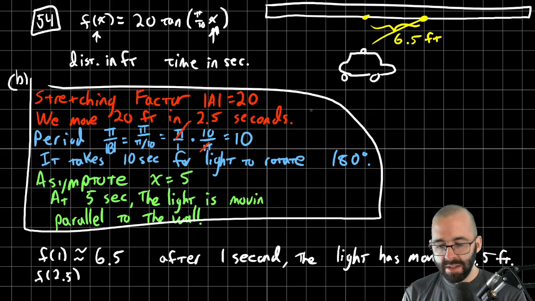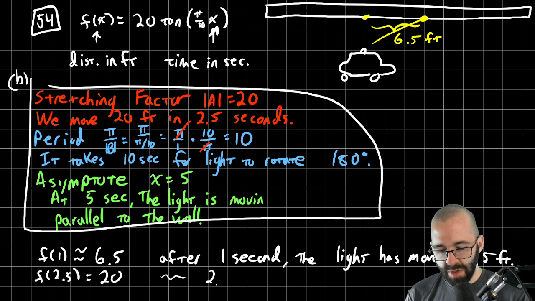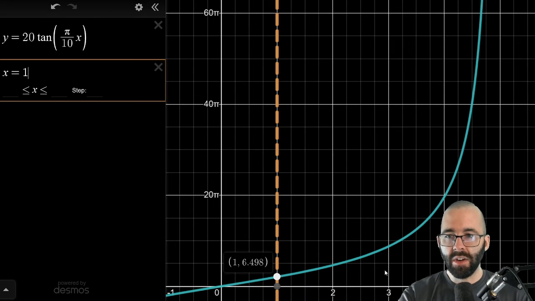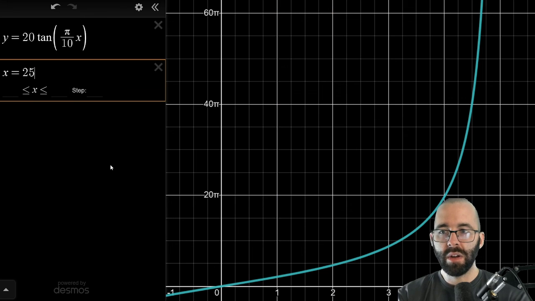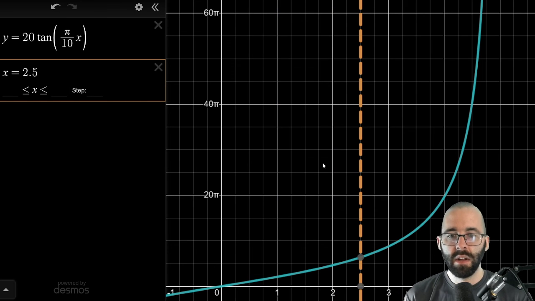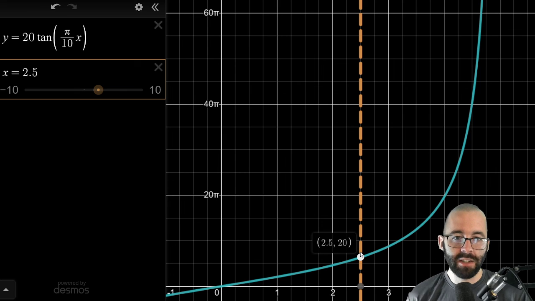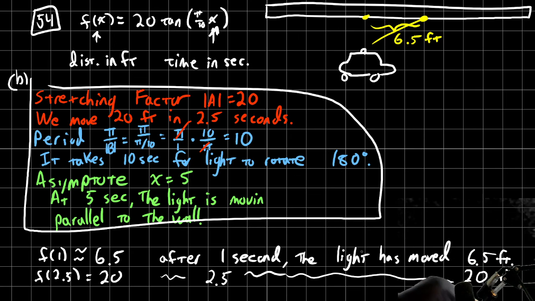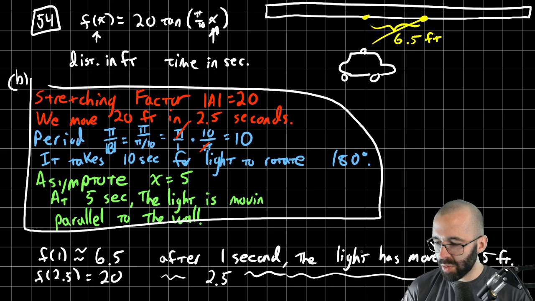And similarly, we already said that we moved 20 feet in 2.5 seconds. So it's going to be 20. After 2.5 seconds, the light has moved 20 feet. And you could also look at this on the graph. If x is equal to 2.5, this intersection should be at 20, which it is. All right. That's the answer to this problem.